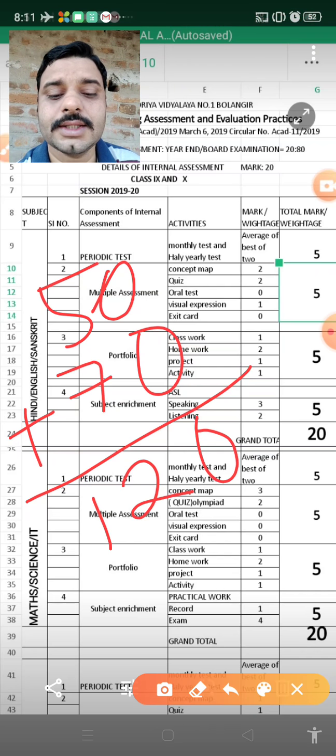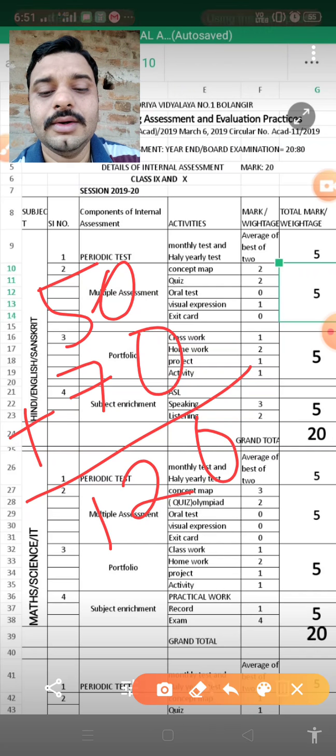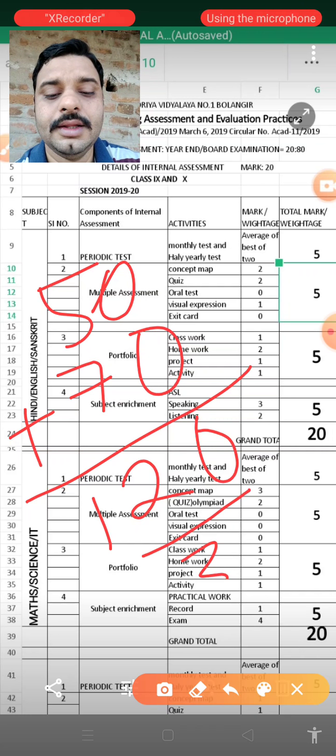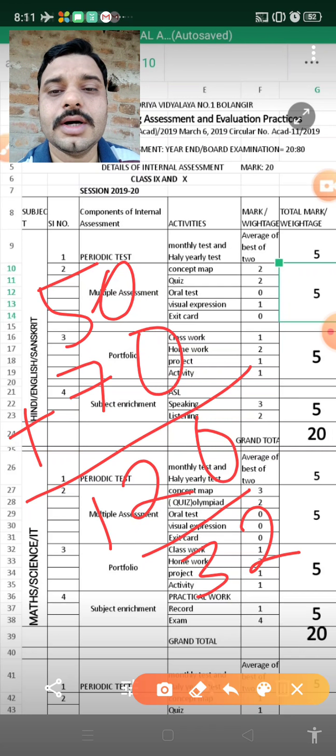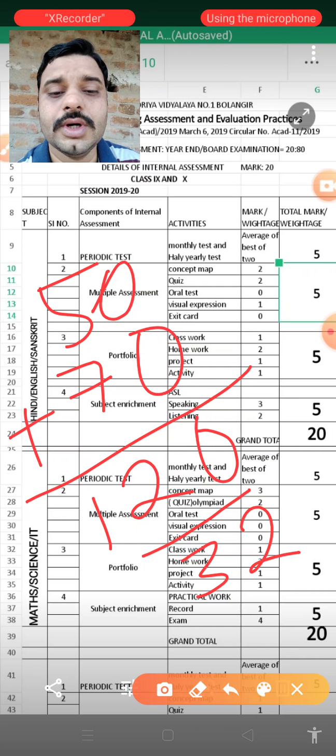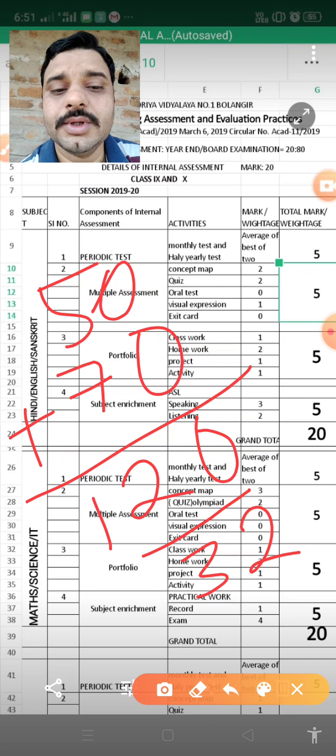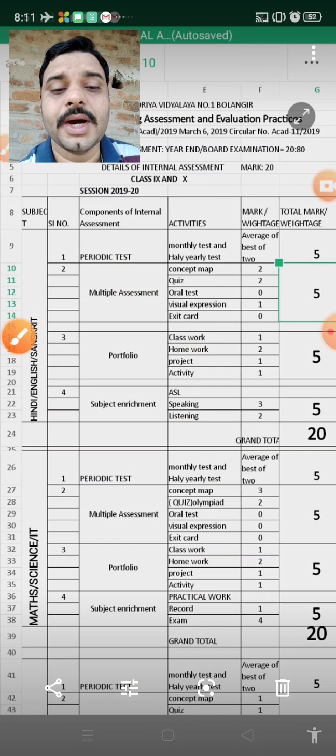So this 120 marks has to be divided by 32, and whatever comes is rounded off, and that becomes your marks out of 5.